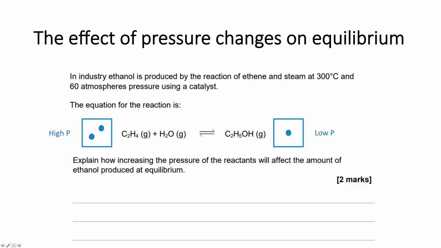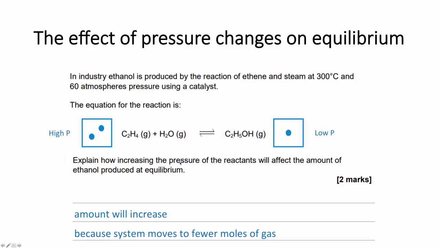And then we count the number of moles of gas on each side in the boxes, and the one with the highest amount of gas was the higher pressure, and therefore this is the lower pressure. So remember, we're going to use Le Chatelier's principle to say if we increase the pressure, the equilibrium will oppose the change by decreasing the pressure, and the side with the lowest pressure is the right hand side, and that is the product that we're trying to make.